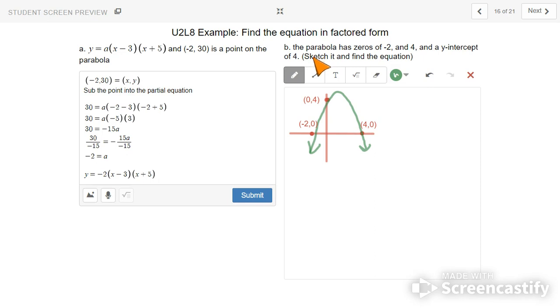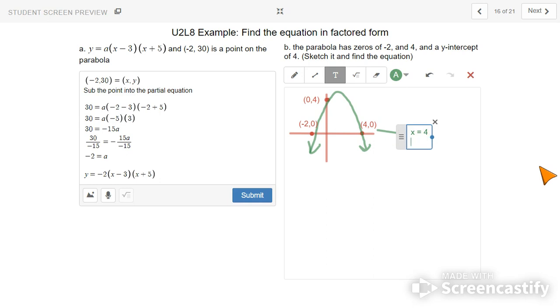Now, we don't have a partial equation, so we're going to develop the partial equation on our own. We're going to go backwards, using our x-intercepts to put it into factored form. Now, we know that when we're solving, we got x is equal to 4.